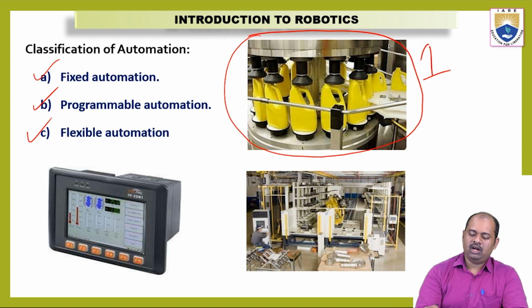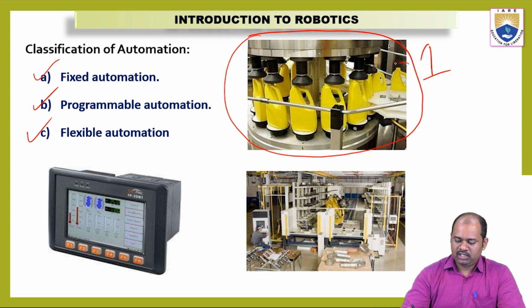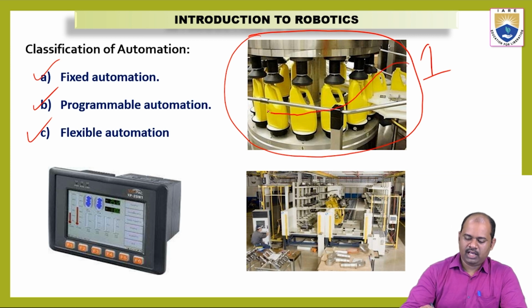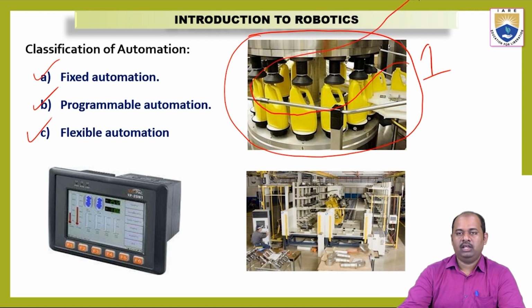Now this automated machine will tighten the screw caps for all the bottles coming in the assembly line on the conveyor belt. They can be capped and sent on again. See here, they are coming in this direction, their caps are being tightened, and again from here they are going back. This is the path followed by that assembly line.